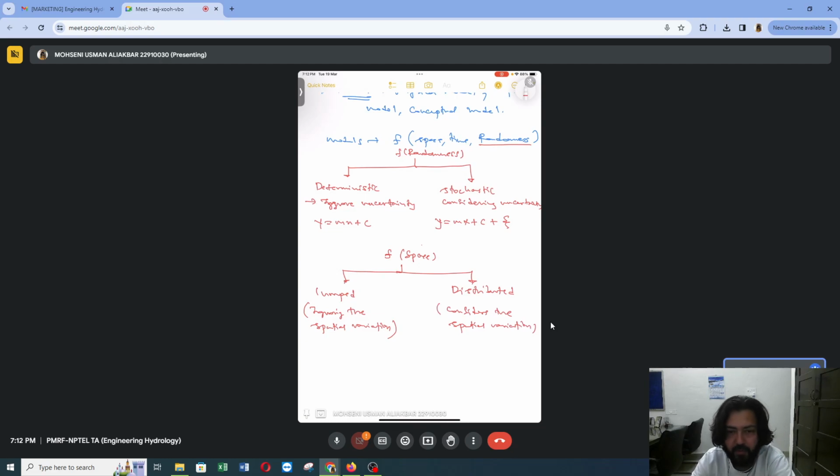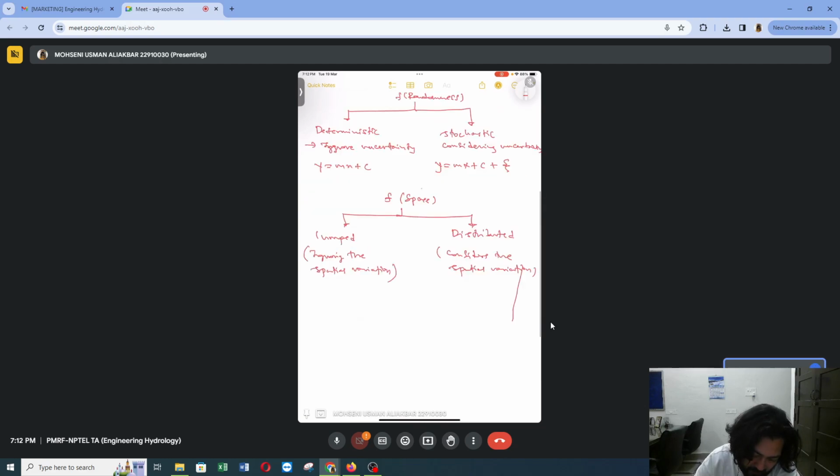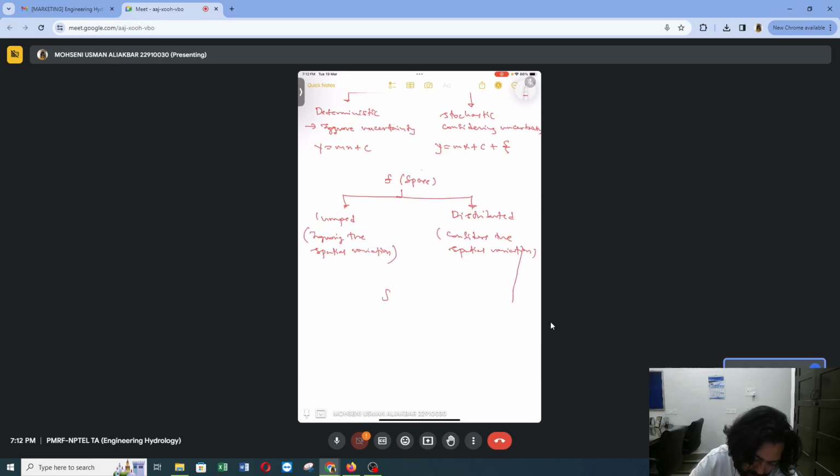Right? So based on randomness, we can classify models as deterministic or stochastic. Based on function of space, we can categorize them as lumped and distributed. Now the last is based on the function of time. Based on the function of time, we can categorize the model as a steady model or an unsteady model, right?